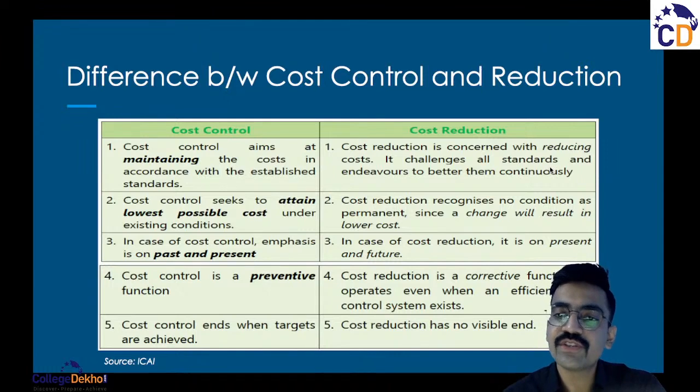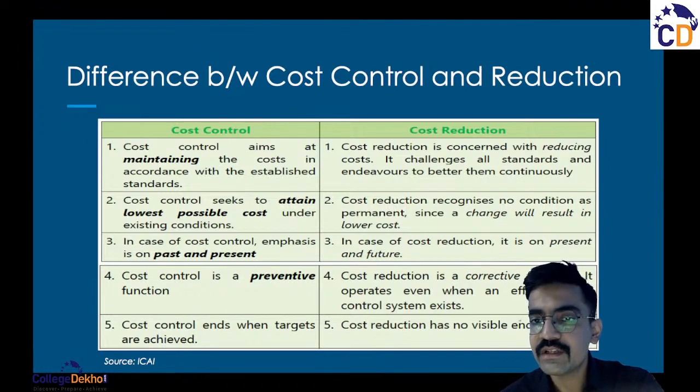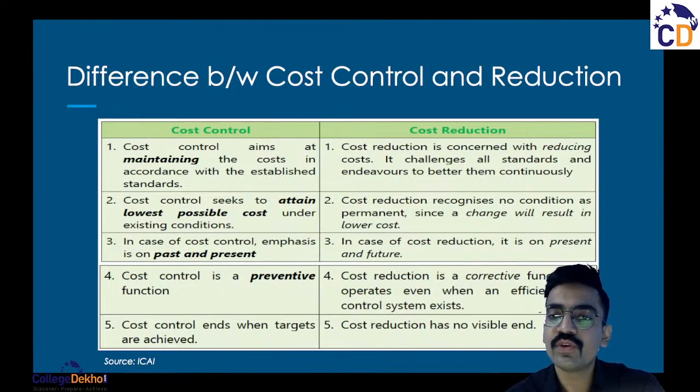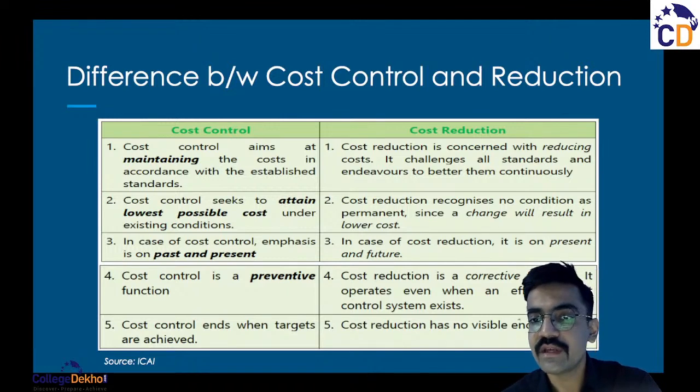And not just challenging them, but constructively challenging these standards in order to bring them to a lower level, so that the costs are reduced and the profit margin is increased.